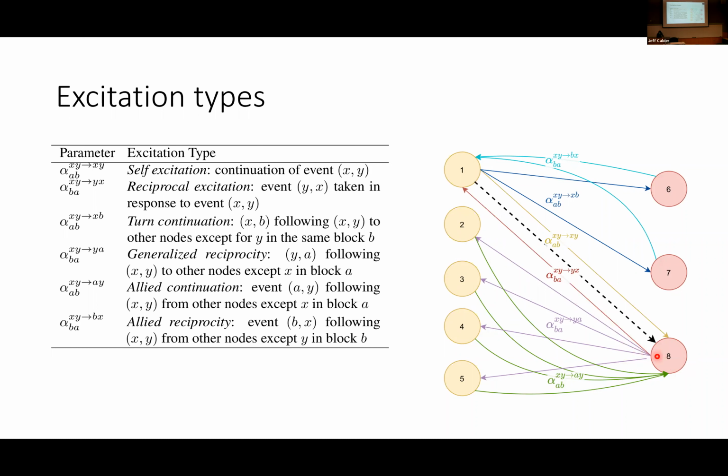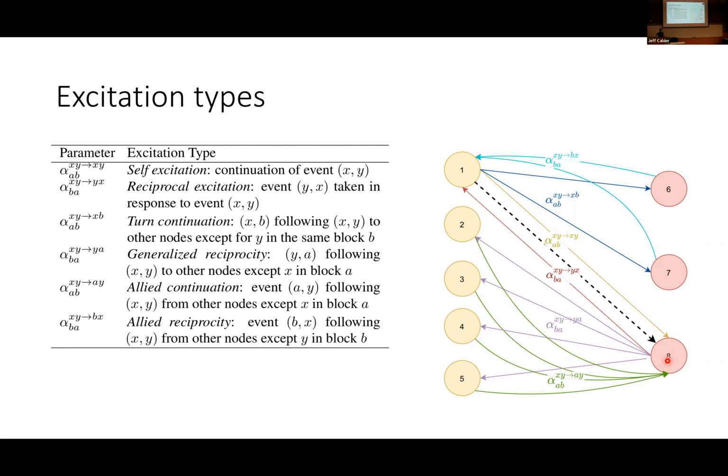As a result of that, we can have self-excitation, that's this here, where country 1 then imposes even more action on country 8. So let's say initially country 1 threatens country 8 and country 8 does nothing. So country 1 now uses harsher threats or economic sanctions or something. So that's self-excitation. We can have reciprocal excitation. Country 8 does something in response to country 1.